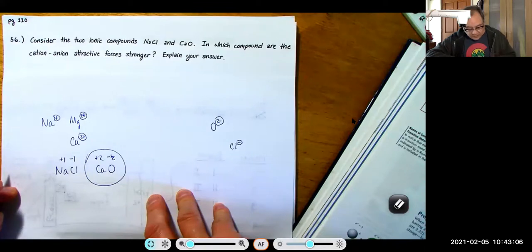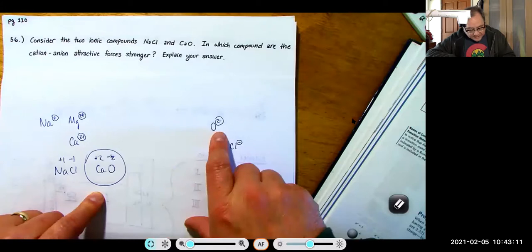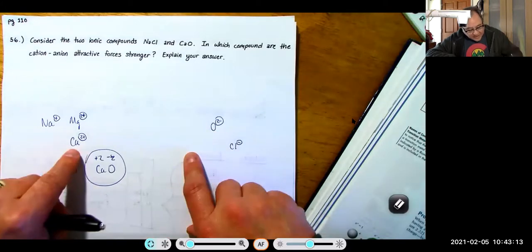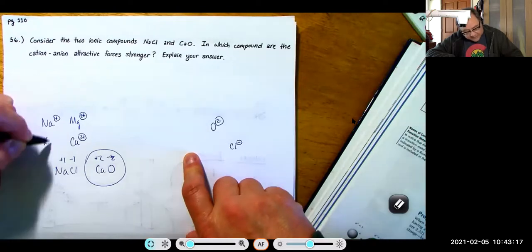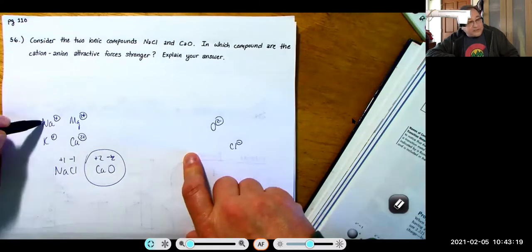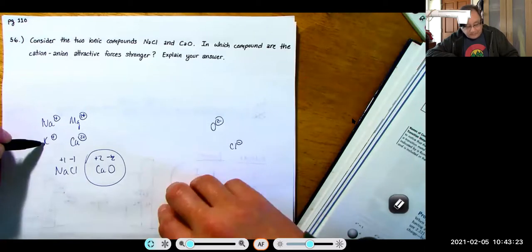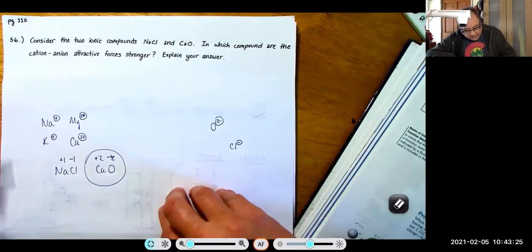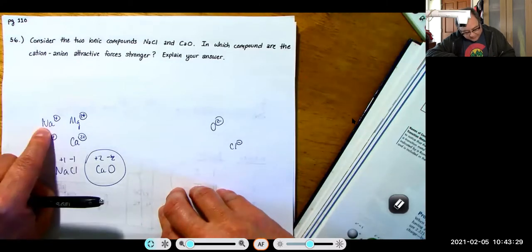Now, you might also say that this one is going to be larger than that. One thing I didn't explain, but I'm going to now, is that when you look at sodium versus potassium, potassium is bigger because it has more electrons. When you look at calcium versus sodium, calcium is bigger.